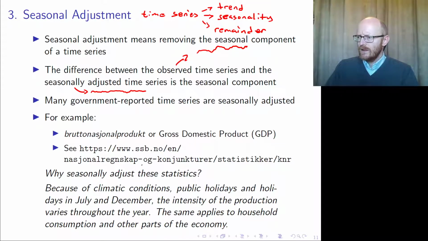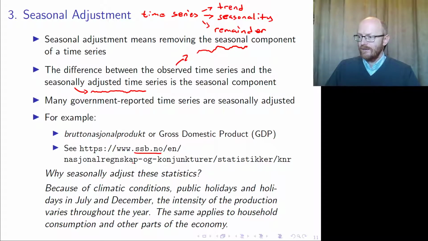Okay, so you can, for example, see the Norwegian GDP here at ssb.no, and what's the point of seasonally adjusted time series? Well, it's basically such that you can compare the development in the time series from period to period without thinking, okay, is this because of the season or not?